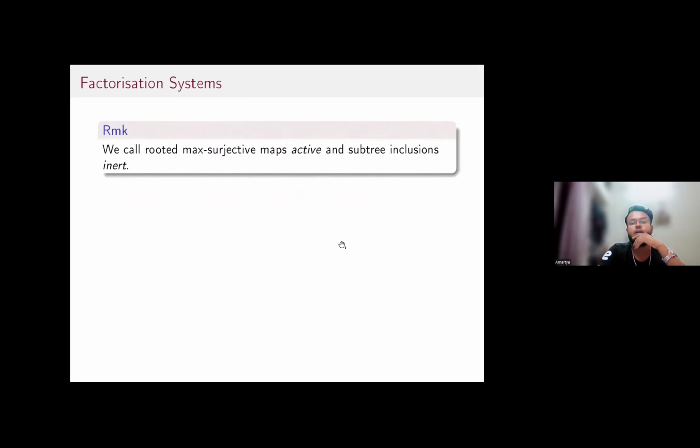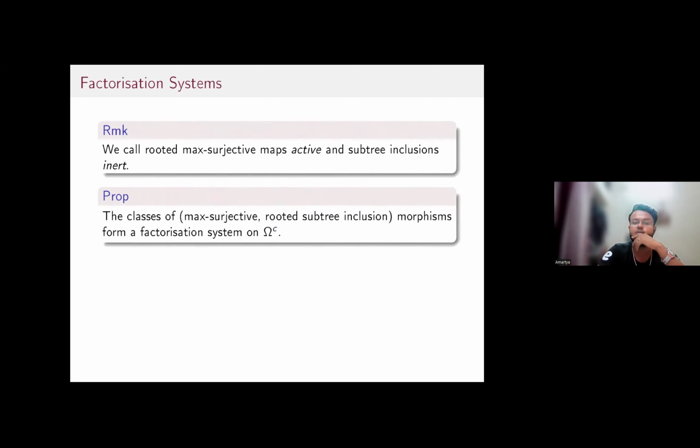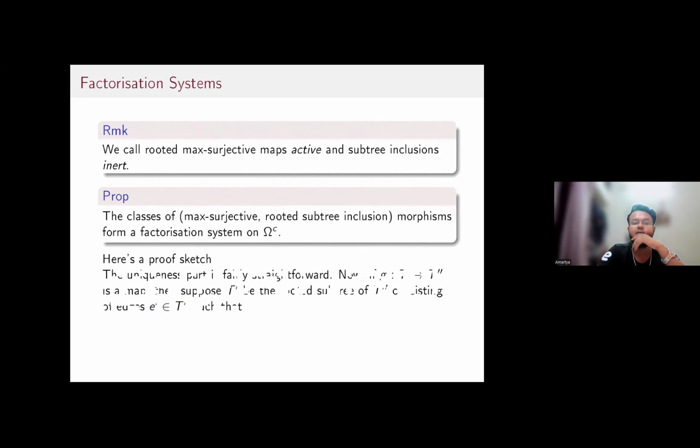So we call rooted max surjective maps active and subtree inclusions inert. That's important because those classes of morphisms, max surjective and rooted subtree inclusions, form a factorization system on sigma C. How do you see that? The uniqueness part's not hard.